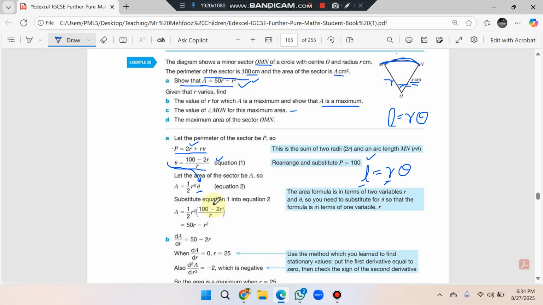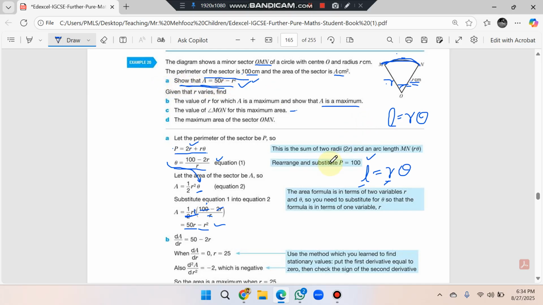It becomes 1 over 2 r square times 100 minus 2r over r. This r is cancelled out by this r, and this 2 is cancelled out by this 100 and this 2. So it becomes 50r minus r square. So area will be equal to 50r minus r square. This is your part A. Do you understand or not?